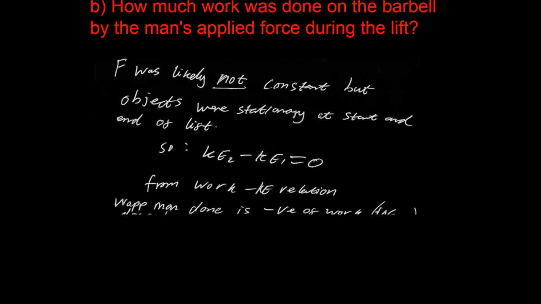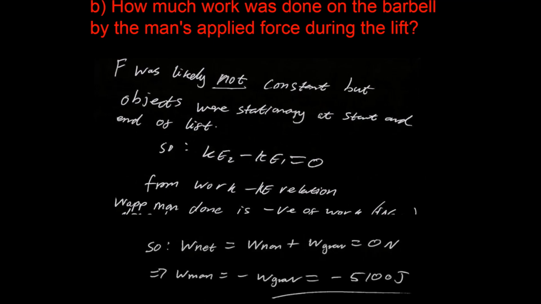From our work-energy relation, we can look at the applied force. The applied force by the man will essentially be opposite to the force of gravity. If we look at work equals F times s, then the work done by the man should be the opposite of that done by gravity, which will be essentially 5,100 joules.